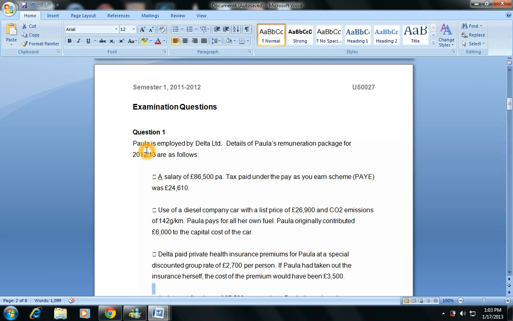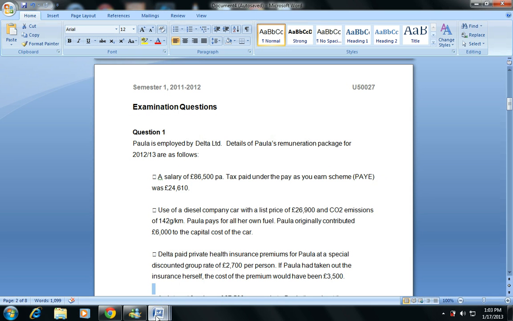Question 1 says Paula is employed by Delta Limited. Details of Paula's remuneration package for 2012-2013 are as follows: a salary of 86,500. Tax paid under the pay as you earn scheme, PAYE, was 24,610.